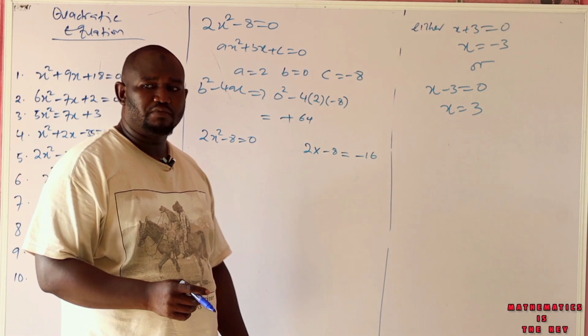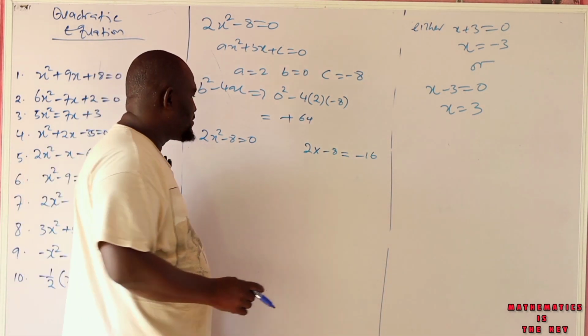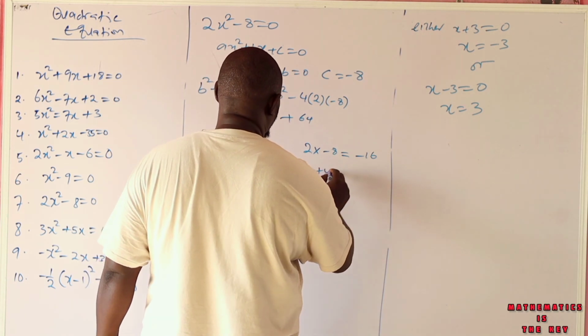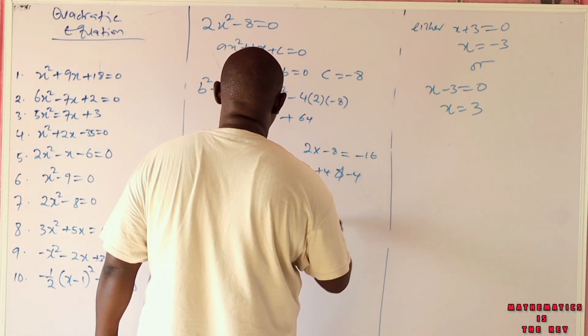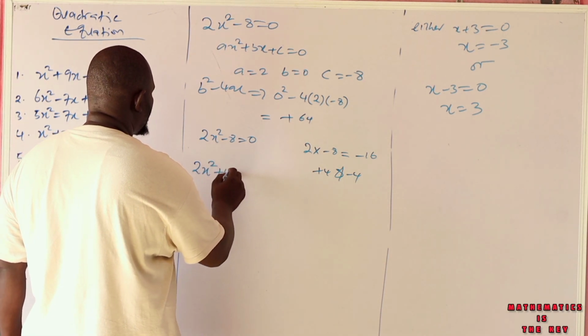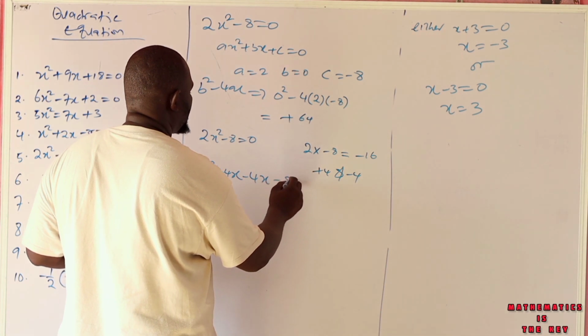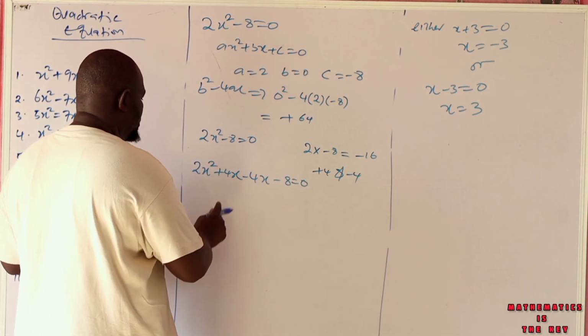They should be the same in magnitude but different in sign. Plus 4 and minus 4. So here we'll have 2x squared plus 4x minus 4x minus 8 is equal to 0.